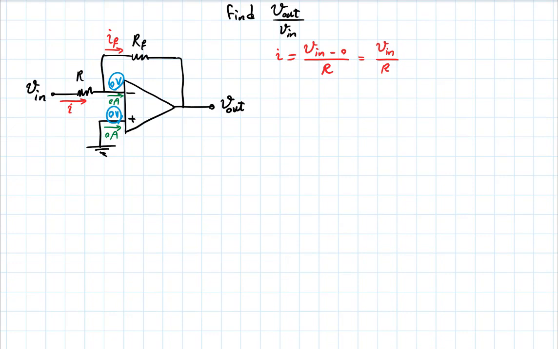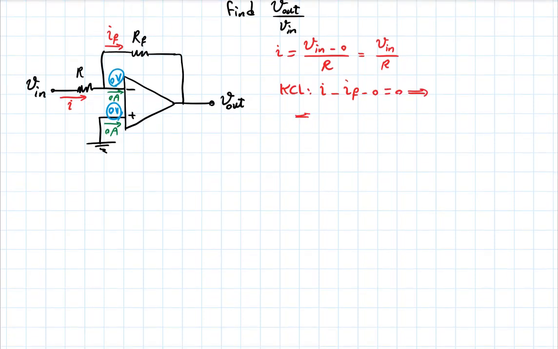What is IF? So by KCL at that node, I minus IF minus 0 is 0. So IF is I, which is V in by R.